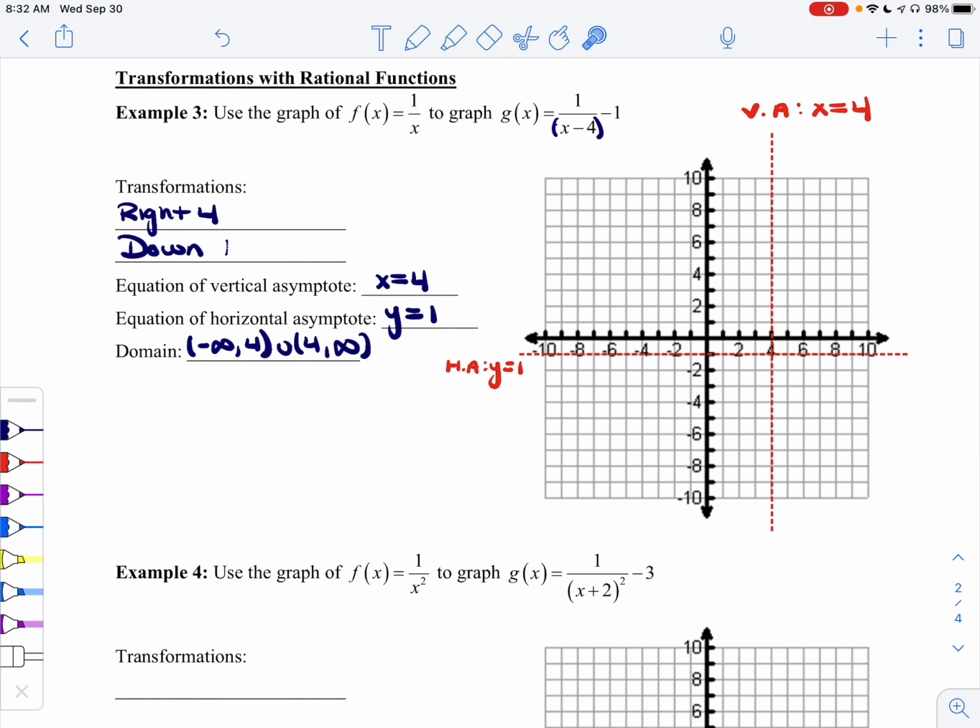So we're going to have our two branches relative to that in the new quadrant 1 and the new quadrant 3. Okay, and I'm really not concerning myself with specific points, just overall shape.